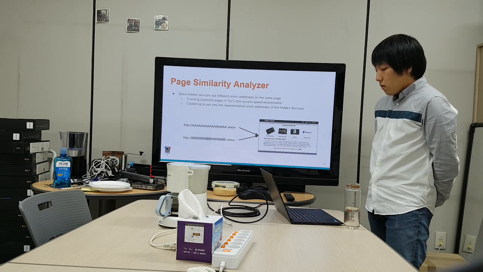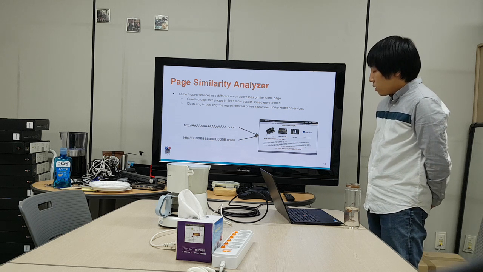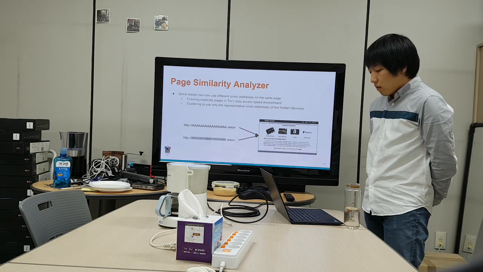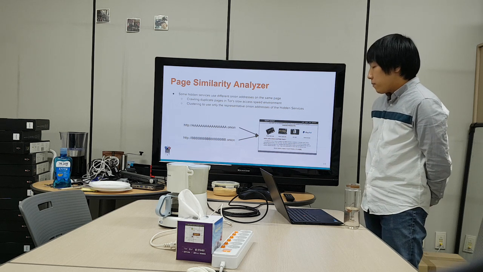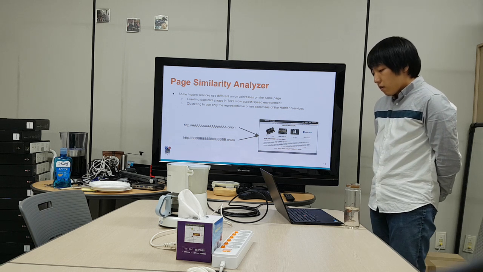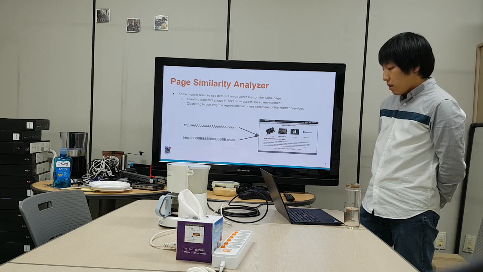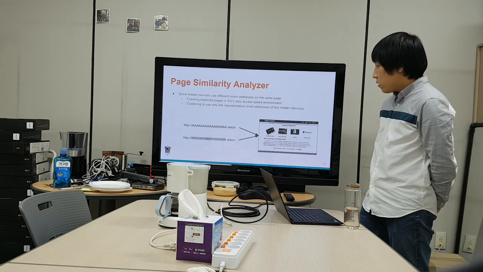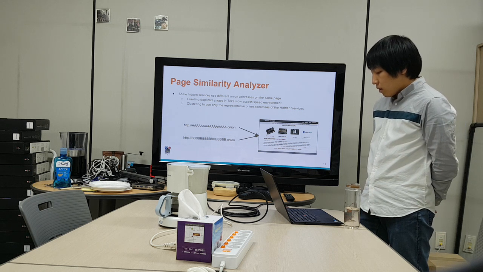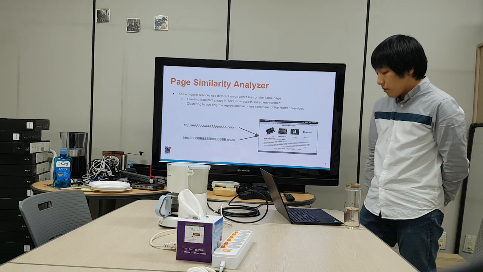In Tor's slow access speed environment, duplicated page collection is a big waste. The page similarity analyzer clusters duplicated hidden services to collect only representative onion addresses.